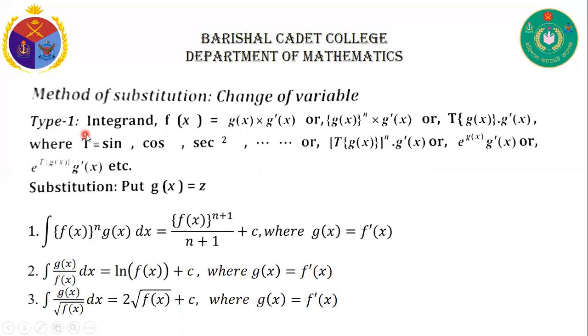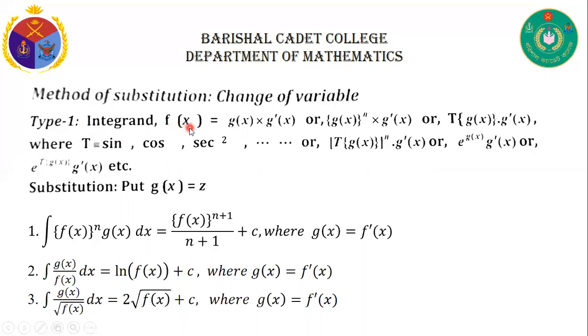From your textbook we first collect the formula, just the type, and then we solve the related problems of this type. Then you understand which formula, which type we use. The basic formulas we already know; in the previous class I discussed the basic formulas.